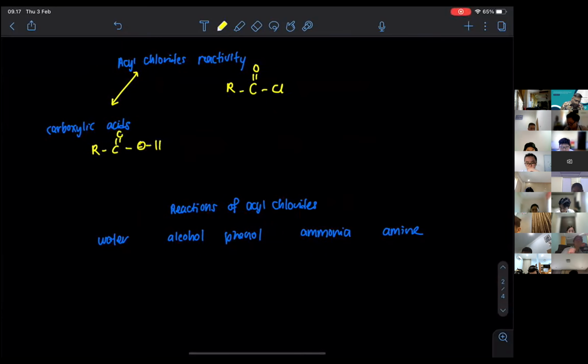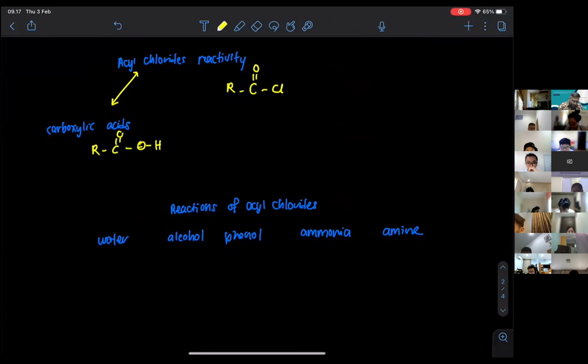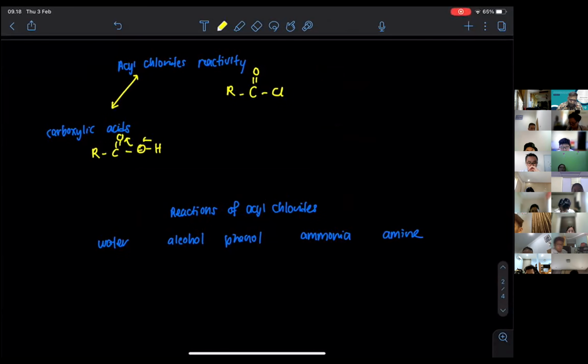And if you look over there, you know that the electrons are going to be withdrawn here. It's going to be withdrawn over here. They withdraw the electrons over here. This is going to make it more partial positive over here.